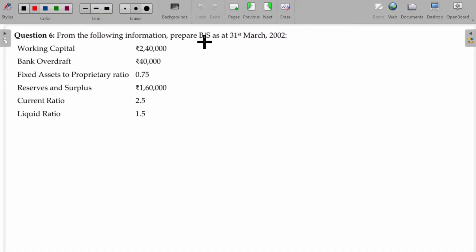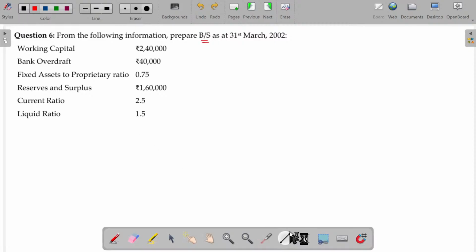From the following information, prepare balance sheet. Okay, you have to prepare the balance sheet. If you are supposed to prepare a balance sheet from the given ratios, just follow the method that I am going to use here.